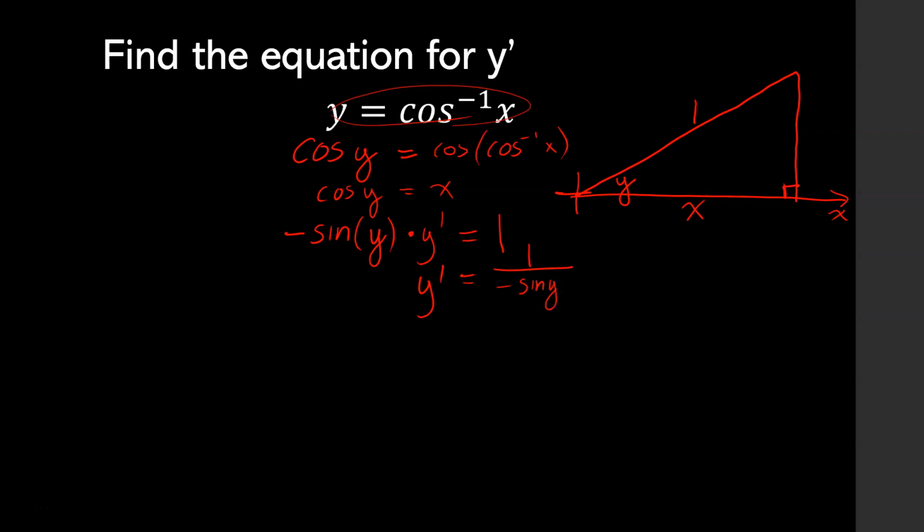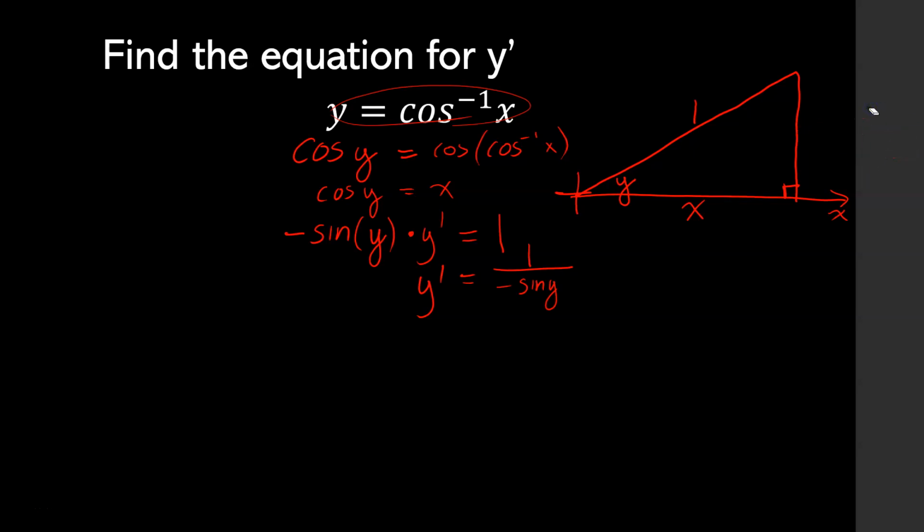Just like when we did the derivative of inverse sine of x, we don't want to leave this in terms of y if possible. Can you find sine of y? Yes, that's what this triangle's for. Sine of y is the length of this side opposite the angle y, divided by the hypotenuse. The hypotenuse is 1, so we just need the missing side length.